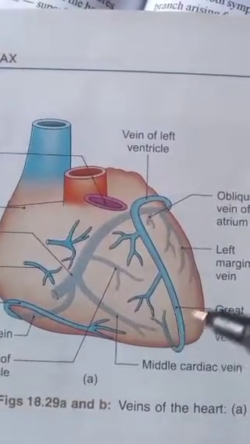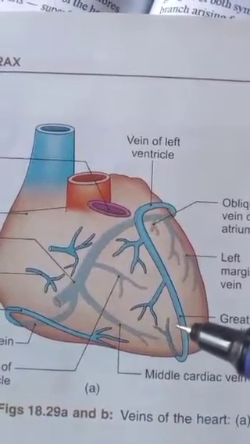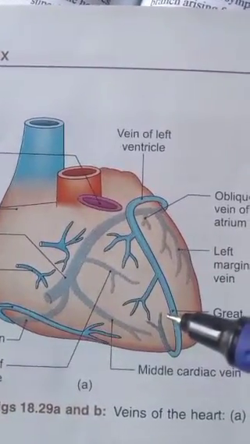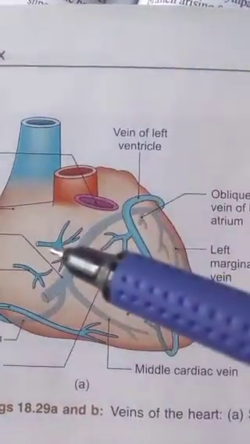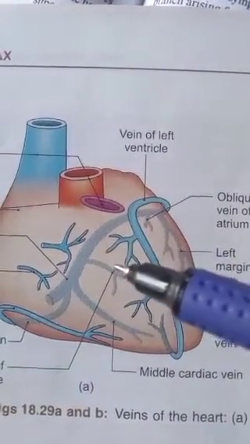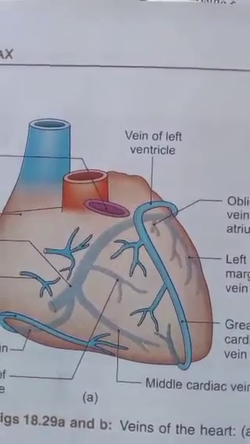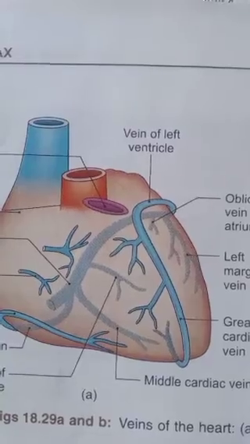Near the apex of the heart, this anastomosis is abundant, and like arteries, veins of the heart are also connected with the extracardiac vessels, mainly with the vasa vasorum of the large vessels.